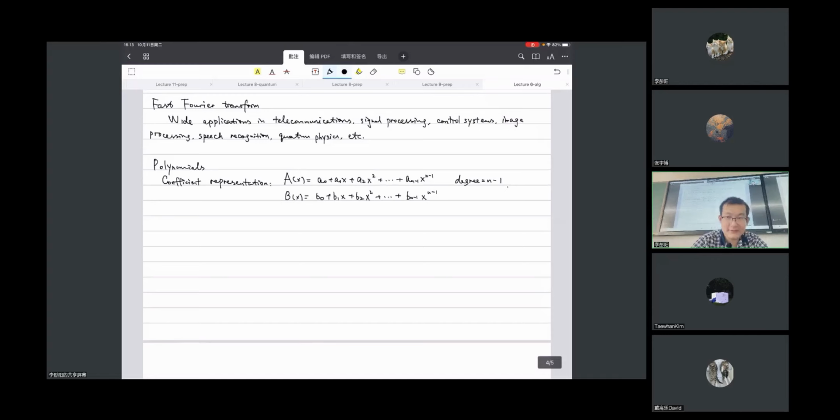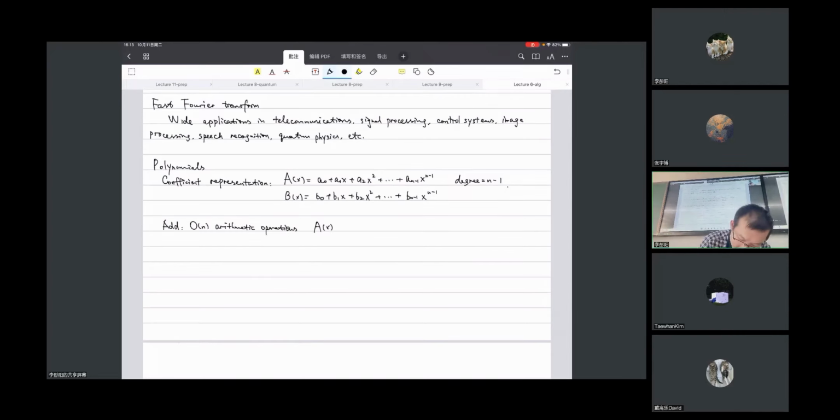In general, for instance, we can consider addition. If you have polynomials A of x and B of x, the cost of adding them is very straightforward: the cost is just O of n arithmetic operations.